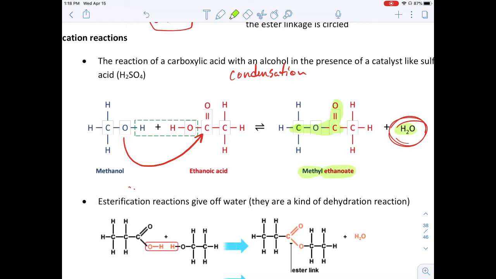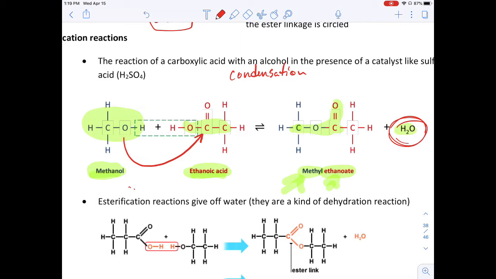The way that you decide what the branch is: the branch is the part that came from the alcohol. So methanol makes methyl. And then the parent chain, the -oate, comes from the carboxylic acid. So this is ethanoic acid, it's an ethanoate. So methanol and ethanoic acid make methyl ethanoate and water.